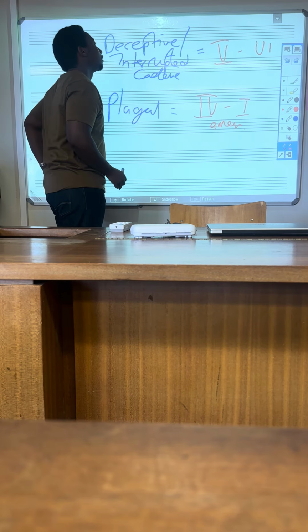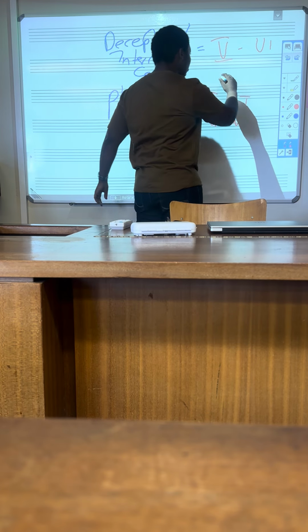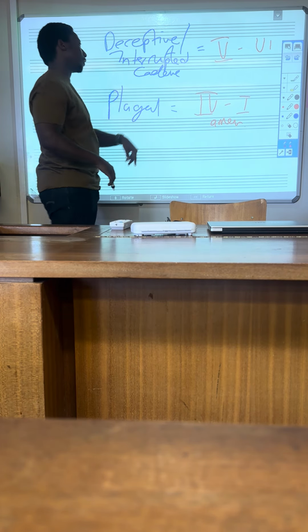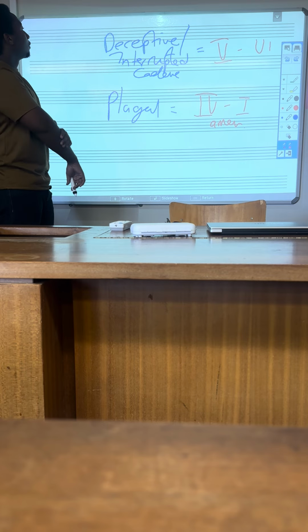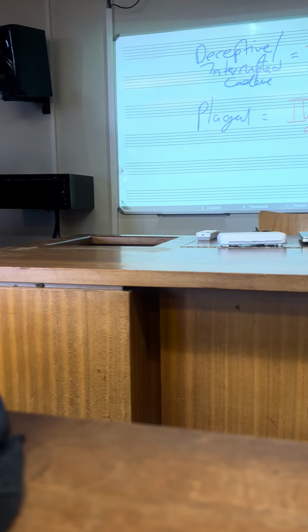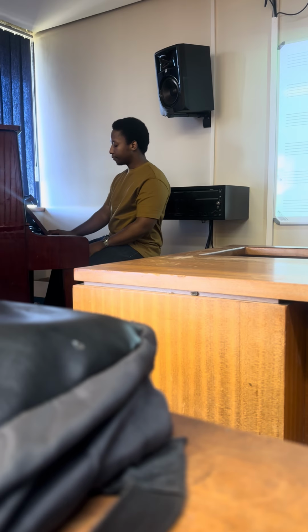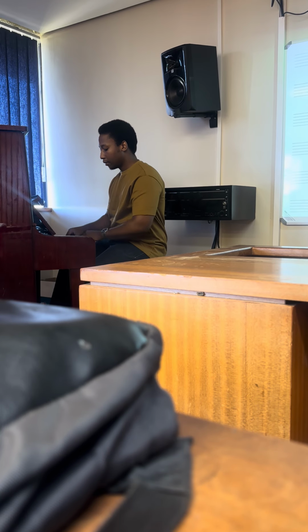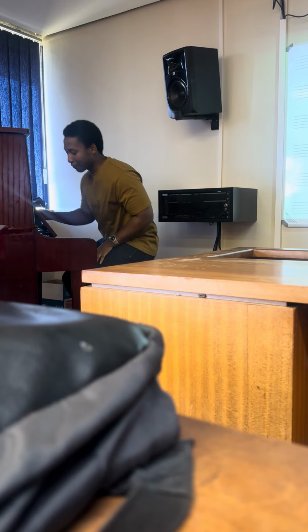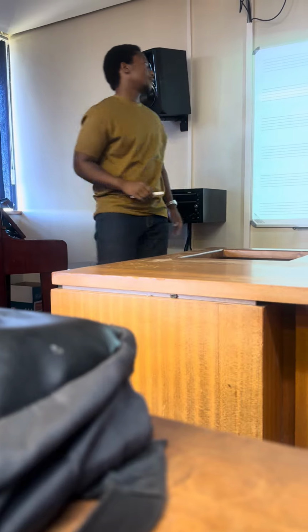Amen. No, not this one, the other one. Amen. 5-1. Then deceptive is 5-6. 1, 5, 6. Deceptive. That's how you can remember it. It just catches you by surprise.